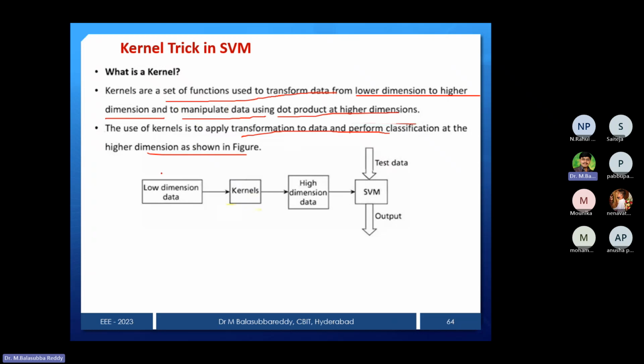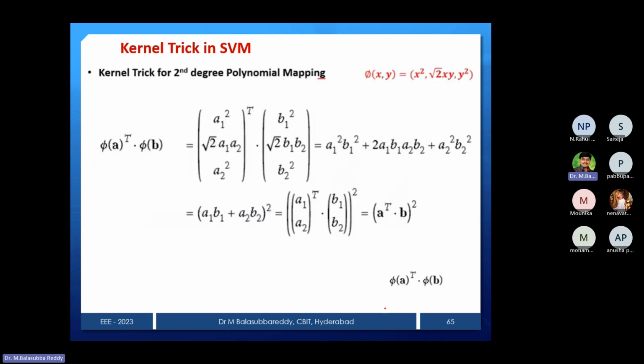Low dimensional data goes through the kernels, and I will show you the different kernels as well. It moves to high dimensional data, and then goes to the support vector machine; yesterday we solved some problems on the support vector machine. If any test data comes, it will give a predicted output. In that manner, we can convert.